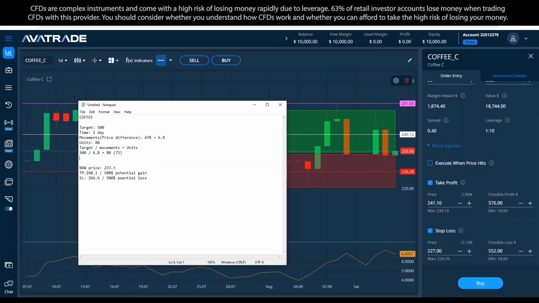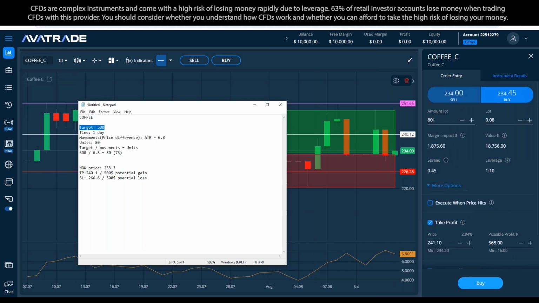After we applied the ATR, we understood that the average is 6.8. When we understood that the average is 6.8, we had to divide our target by that movement to understand the necessary units. And for that equation, target divided by movement equals units.